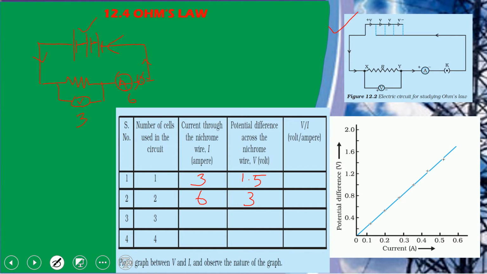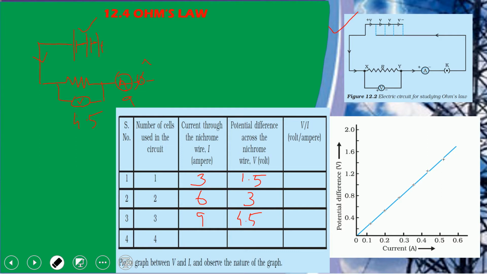The voltmeter reading and ammeter reading will change. Now the voltmeter reading is 4.5 and the ammeter reading is, suppose, 9. So when three cells are connected, it is 4.5 and 9.